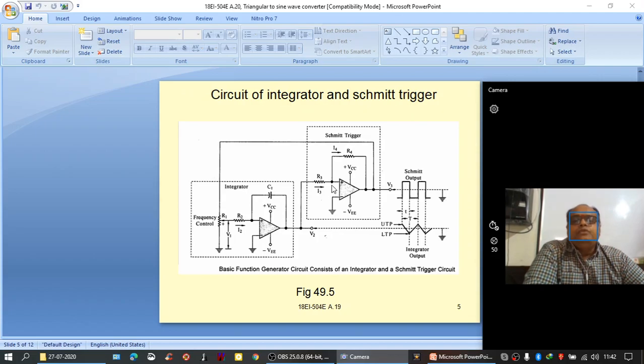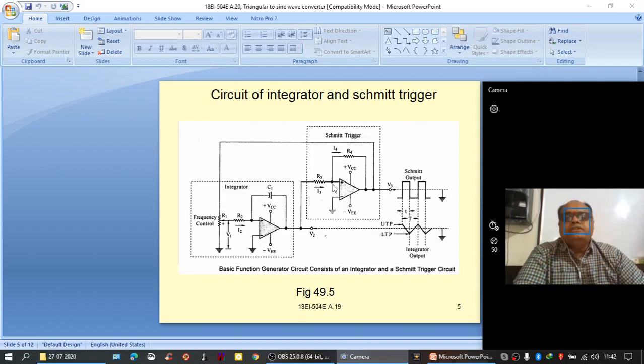But this voltage depends on V2, where V2 is a varying voltage, whereas V3 is a fixed voltage. So depending upon the amplitude of V2, the voltage at the non-inverting terminal also gradually starts decreasing.